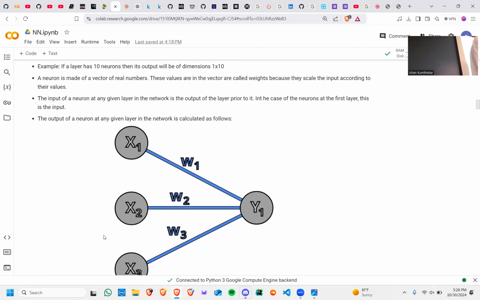If, for example, a neuron has 3 weights, you take the first number and multiply it by the first weight. You take the second number, you multiply it by the second weight. You take the third number, you multiply it by the third weight. You add all of them together, and as you can see, you'll get one number, right? And that's essentially the output of the neuron. There's something called an activation function here that I'll talk about later.